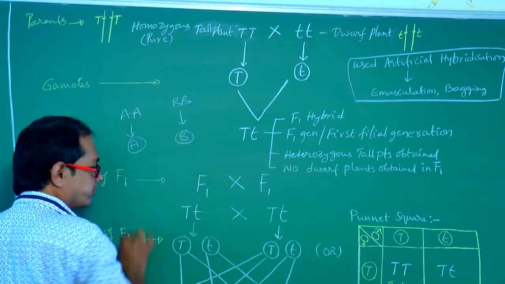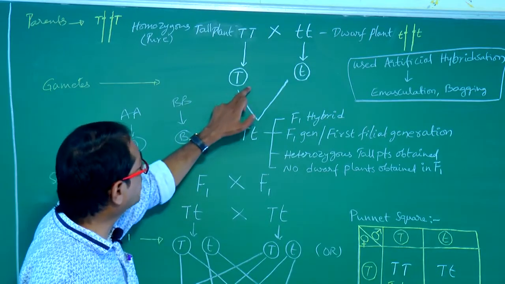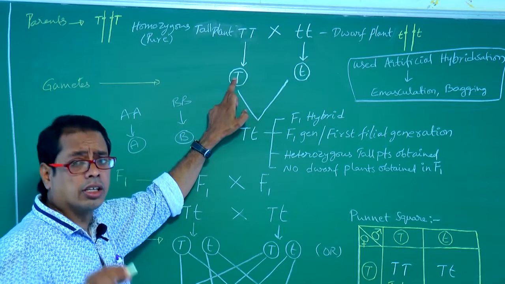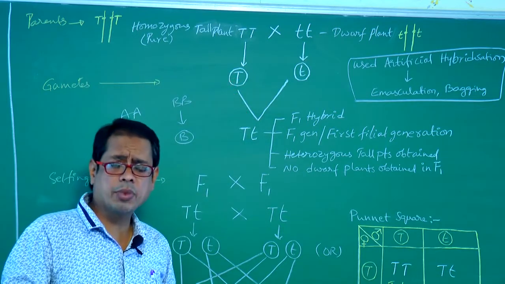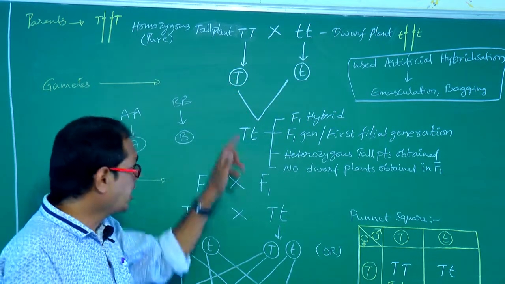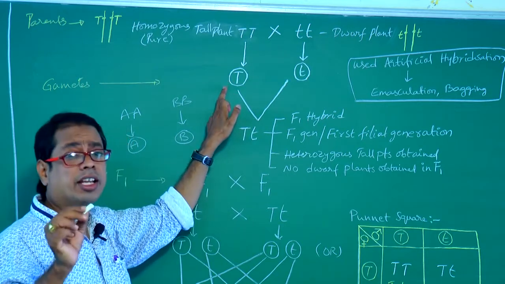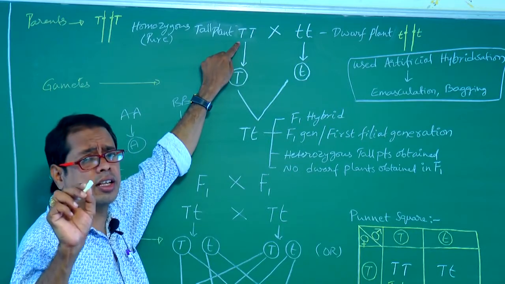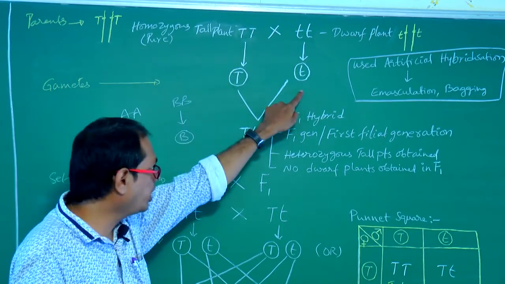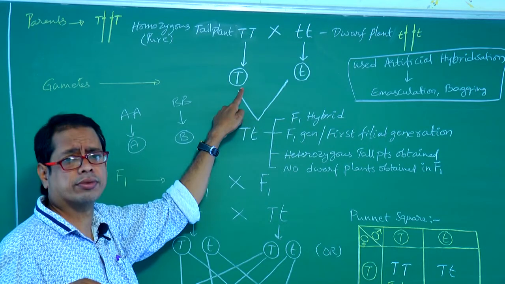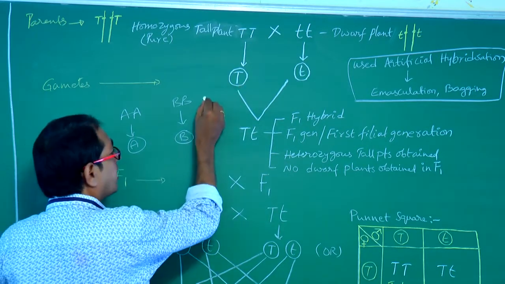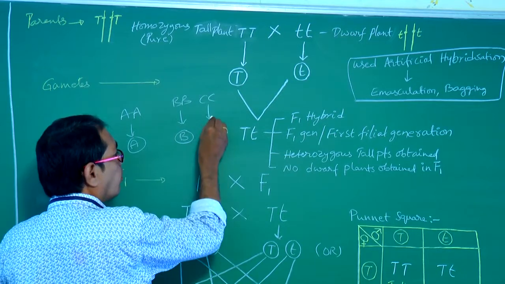Capital B, the gamete. Why are we writing these alleles inside circles? Conventionally, it is a rule: gametes are present inside the circles. Don't write the parents inside the circles. The gametes should be inside the circles. That point you have to remember. If the parent is capital C, what is the gamete?